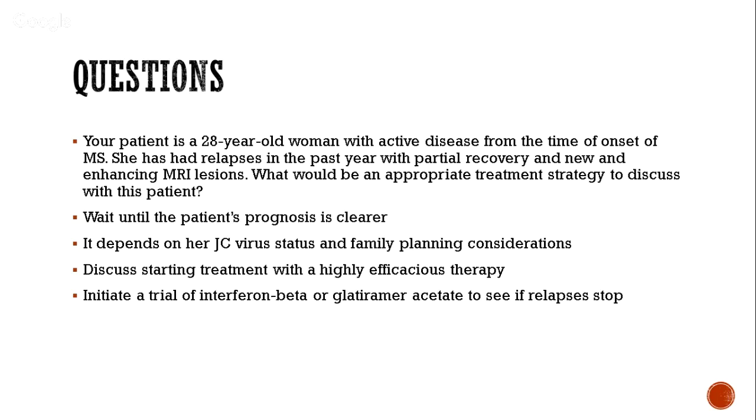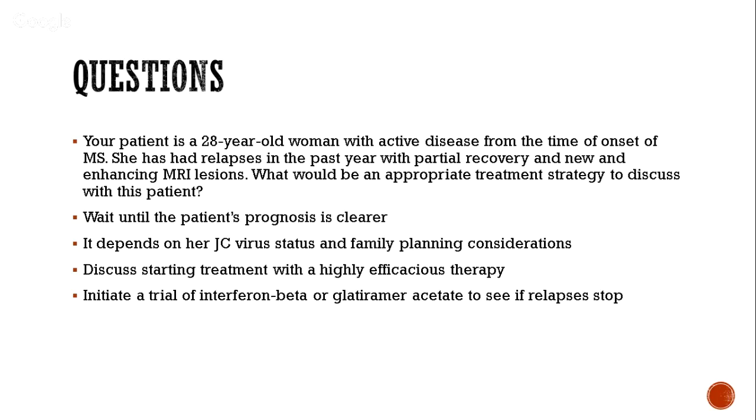Depends on your JC virus status and family planning considerations. Discuss starting treatment with a highly efficacious therapy. Initiate a trial of interferon beta and glatiramer acetate to see if relapses stop. Glatiramer acetate is Copaxone, and interferon beta could be Avonex or Betaseron, any of those.